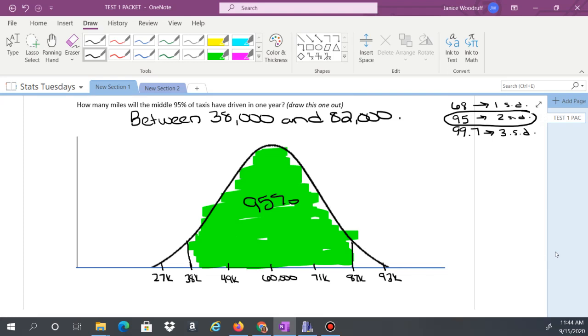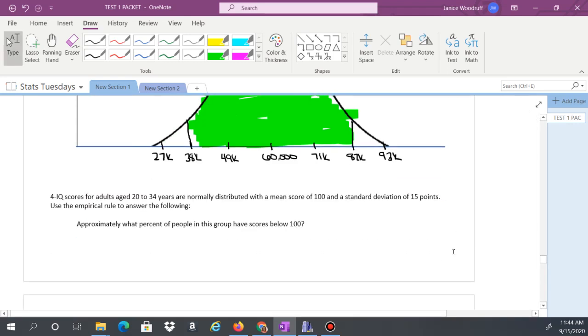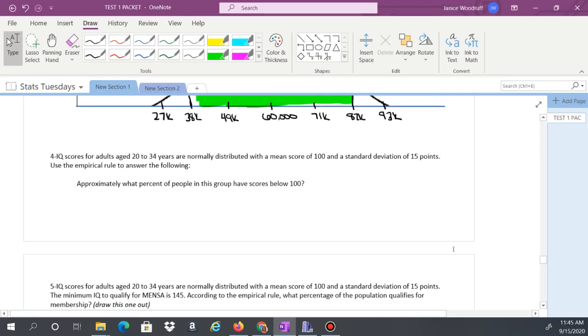All right, and then we have one more question with IQs. Okay, IQ scores for adults aged 20 to 34 are normally distributed with a mean of 100 and a standard deviation of 15. So this is actually how they interpret your IQ scores. So the highest IQ score, I believe, is 160. I think the lowest is 40, maybe.